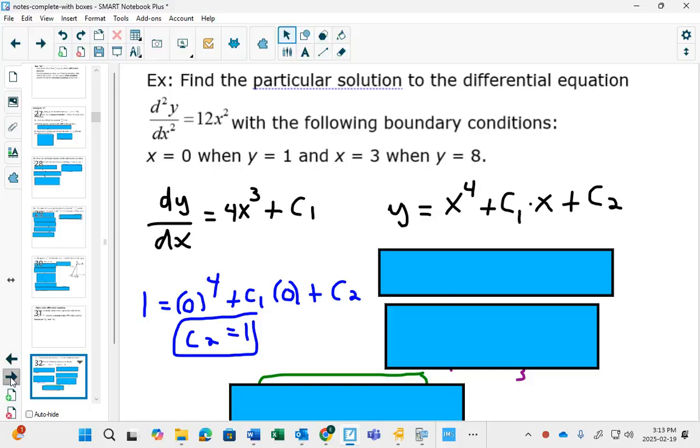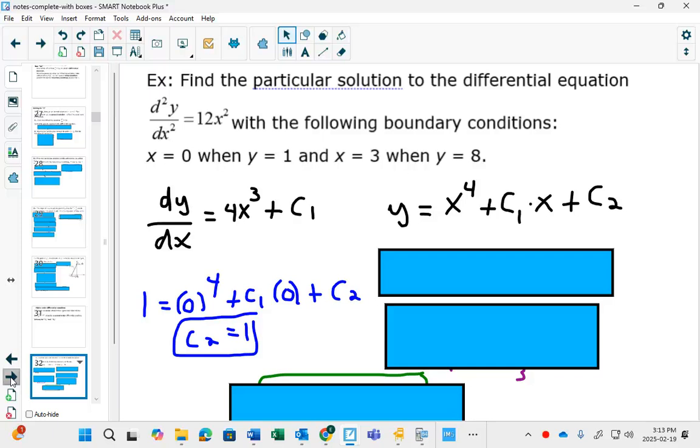Now there's two things that I don't know. I don't know C1, and I don't know C2. If there's two things you don't know, you need two equations in order to solve them. So in blue here, I said, well, if I plug in 0 and I get 1, it actually worked out really nicely that everything went away and you solved for C2 right away.